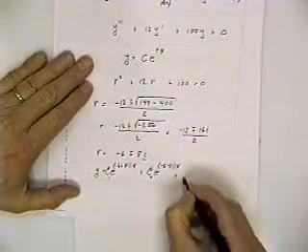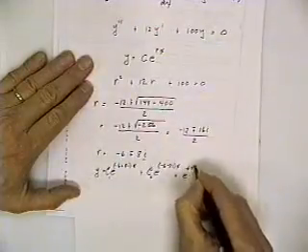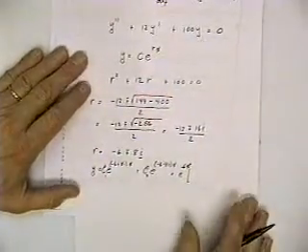And I can pull a term of e to the minus 6x out of this and write it, not going to fit on the page.